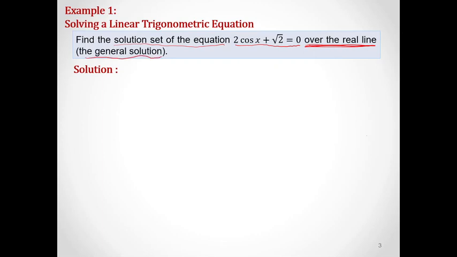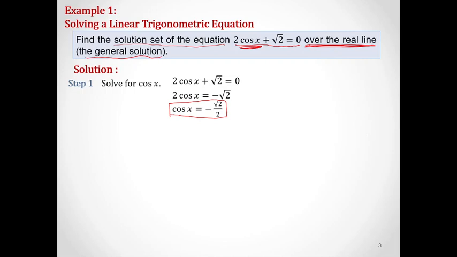The first thing in this question is it is possible to get cosine x alone. So we will isolate cosine x, and solve it for cosine x. This will give us cosine x equal to negative square root 2 over 2. So we want to solve this equation now.